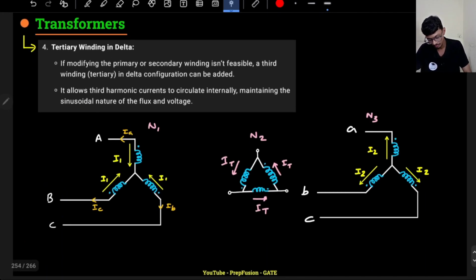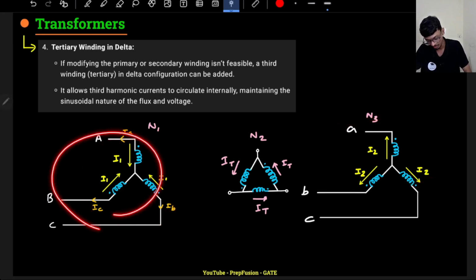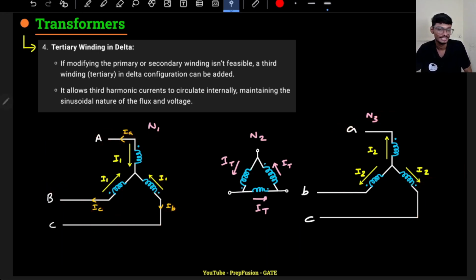So what we will do is we will have a transformer. Let's say you are saying that, sir, I want to use star star connection only, no matter what. So what we will do is connect an extra additional third winding in the core known as tertiary winding, which will be delta connected.